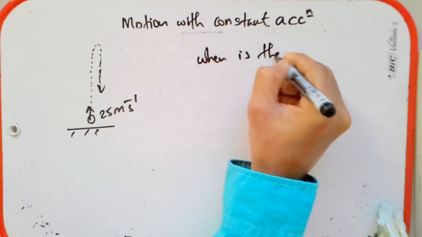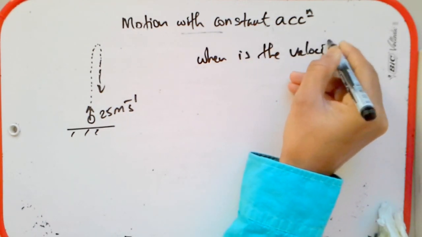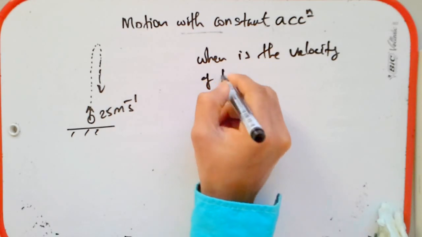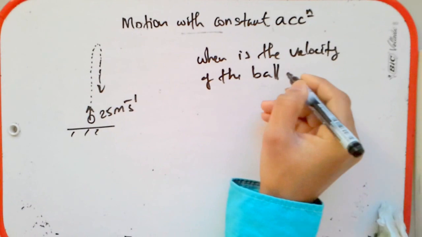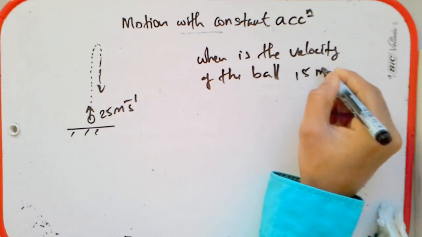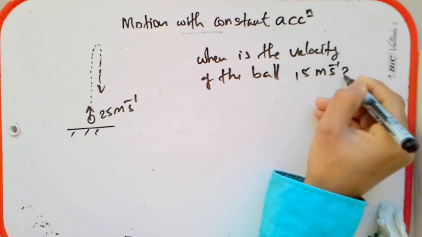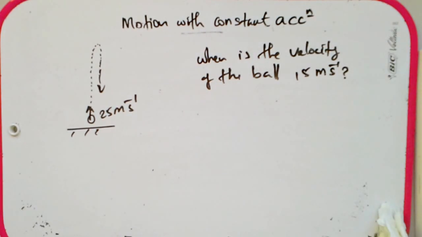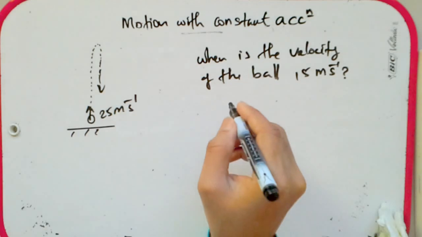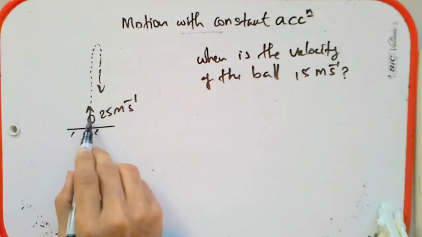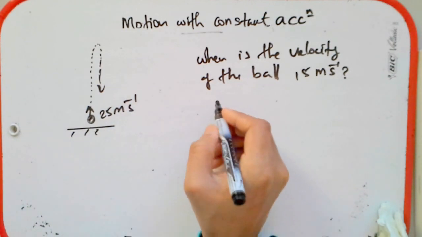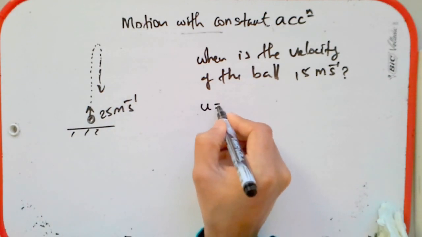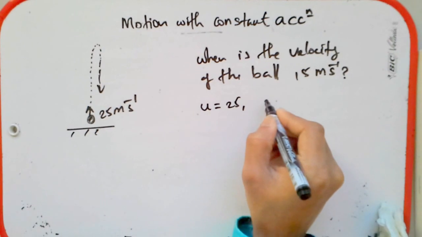When is the velocity of the ball 15 m s^-1? So how do you do this one? You throw the ball with an initial speed of 25, so we know initial speed u is equal to 25.